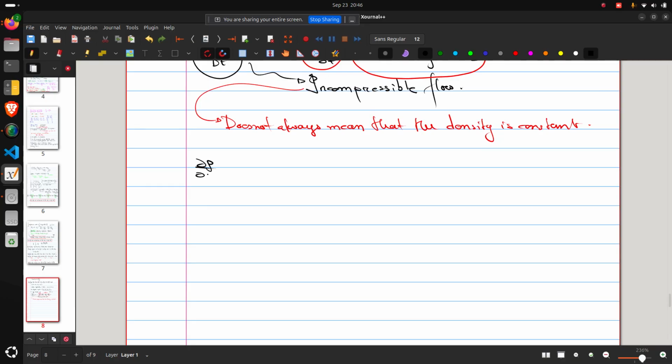We found that dou rho by dou t plus dou by dou x of rho u, dou by dou y of rho v, dou by dou z of rho w equal to 0, right.